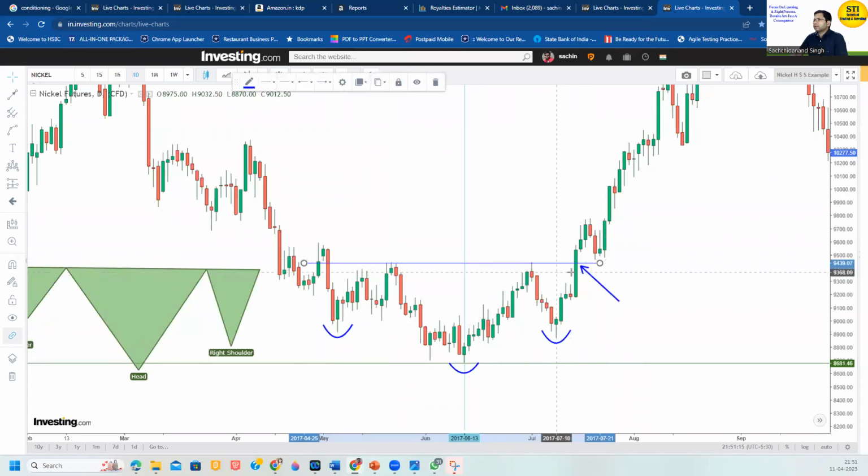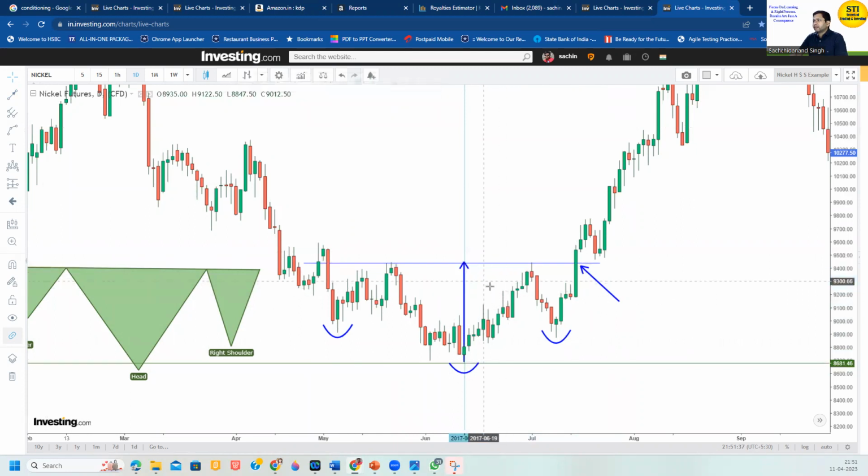Once you are entering the market, that means buying at this particular price point, whatever the market price will be at this point of time, the first target is going to be from the head to the neckline. This line helps in identifying the target. Because we are entering here, the target will be similar, I can say the same change in the price point, in the upward direction.